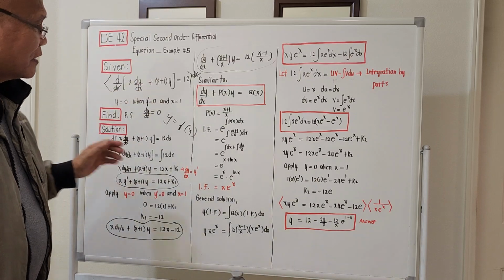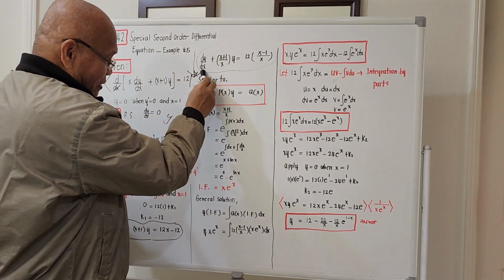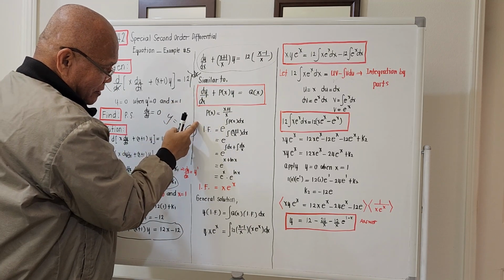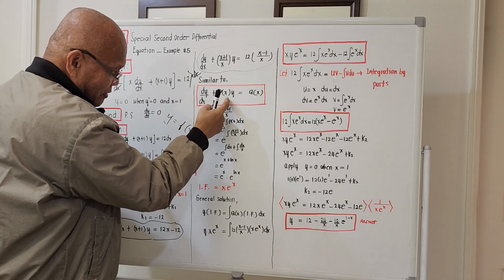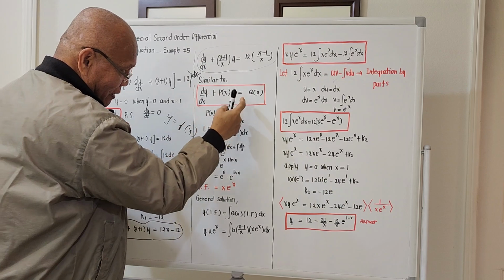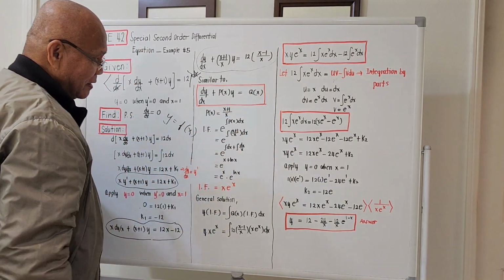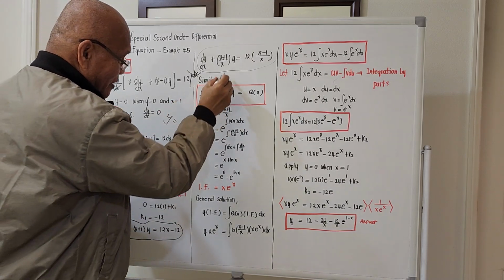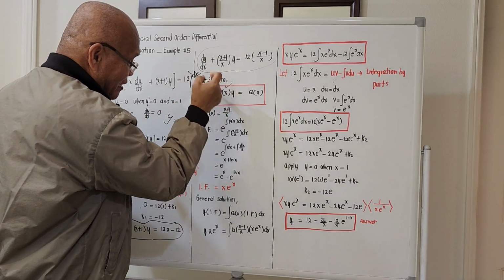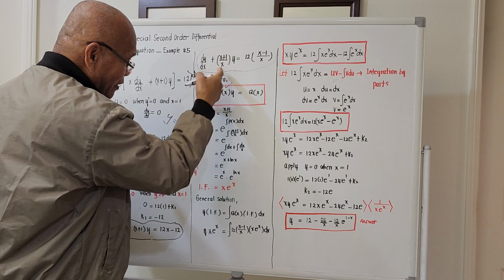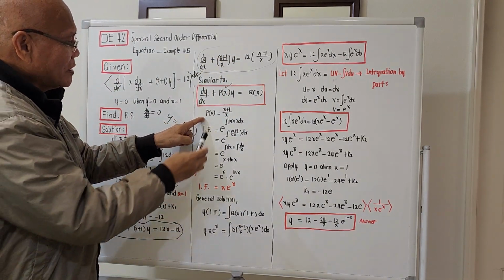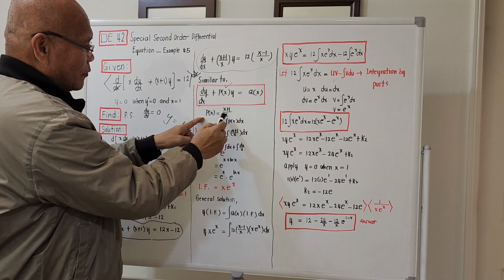The resulting differential equation is similar to the form dy/dx plus p of x multiplied by y equals q of x. Then by comparison, we could say that p of x is the ratio (x plus 1) over x. P of x is the quantity x plus 1 all over x.